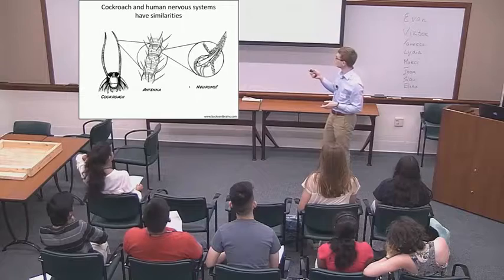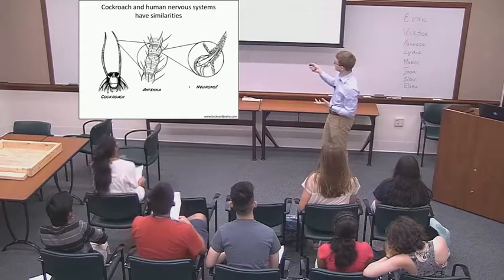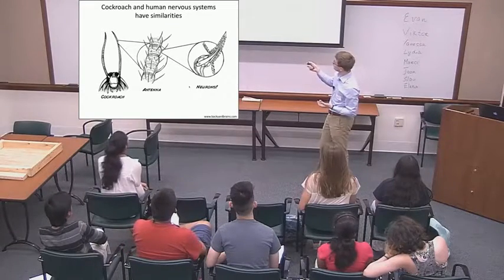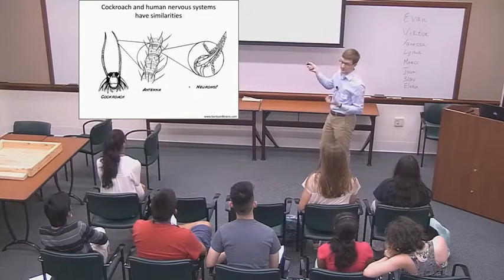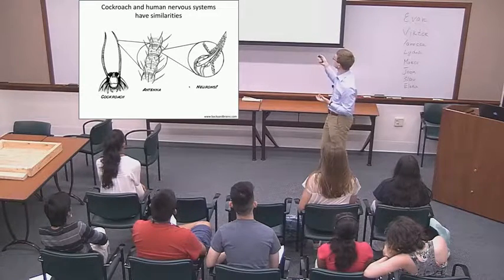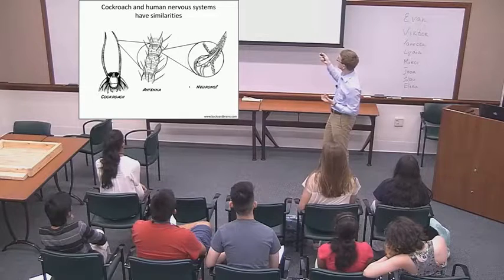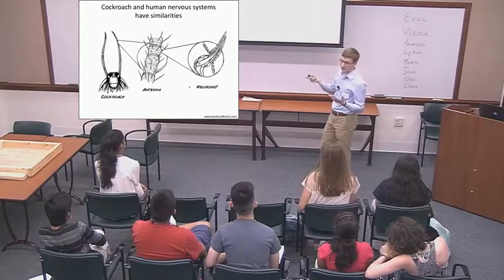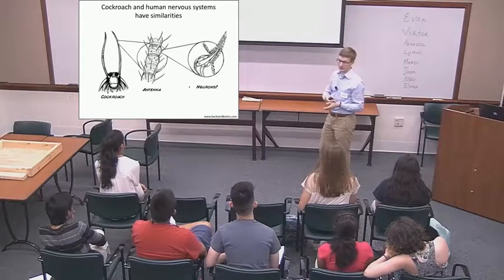So if we look at the antennae, we will notice that it also has these spikes, just the same as on the legs. And in those spikes, there are sensory neurons, very similar to what we have in our skin.